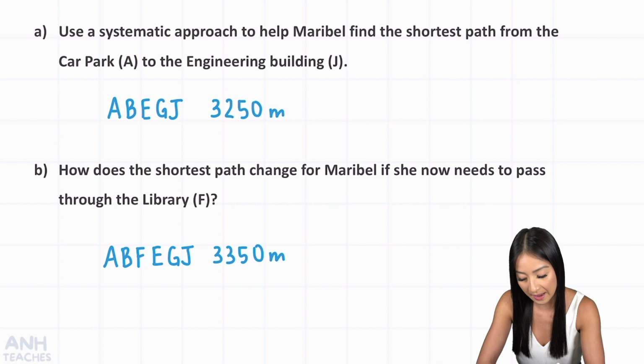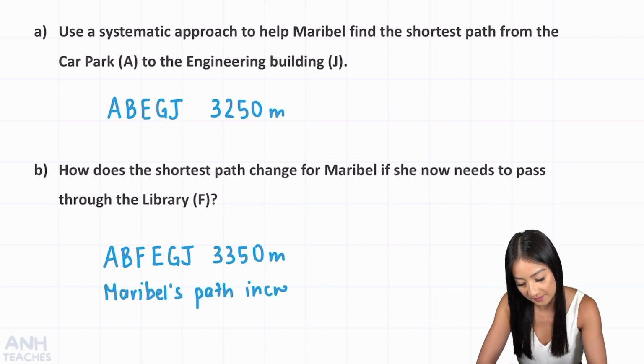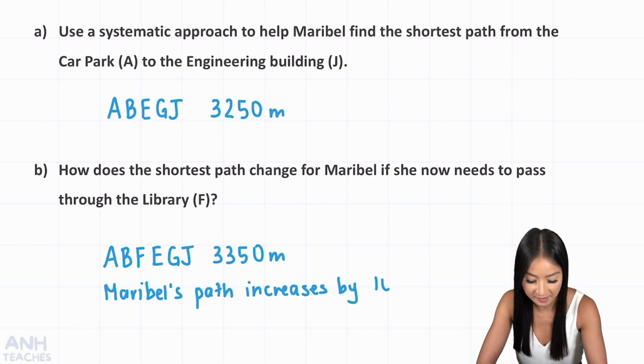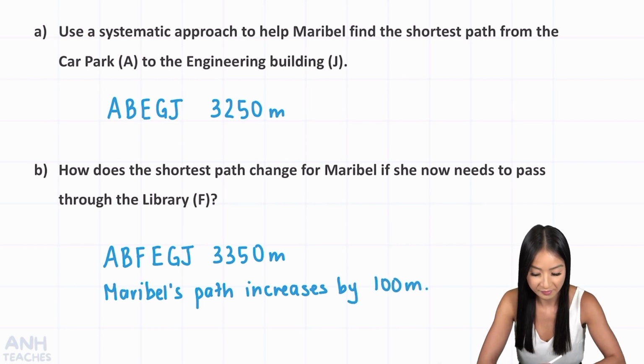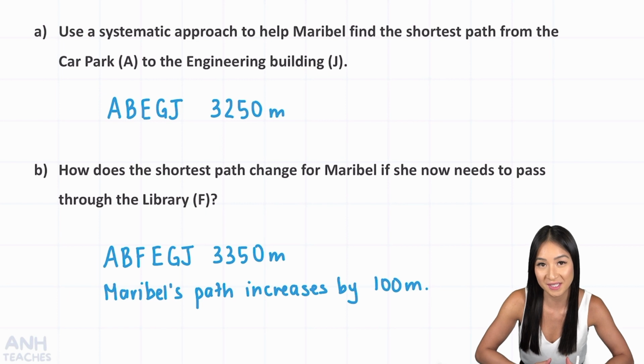So we better say that Maribel's path increases by 100 meters. And we've stated the new shortest path and the associated distance.